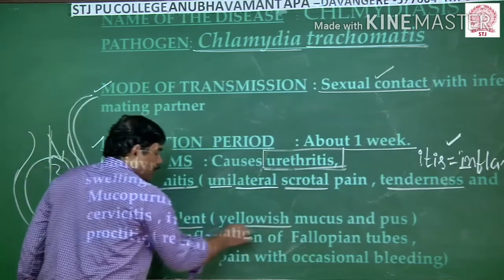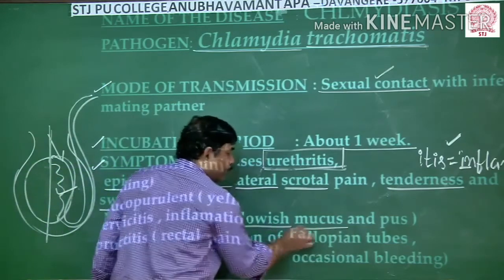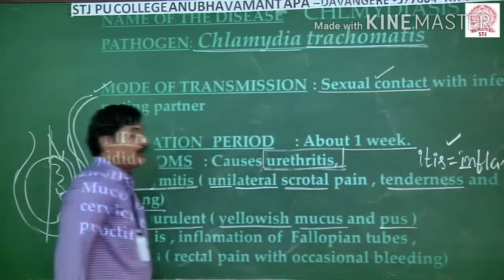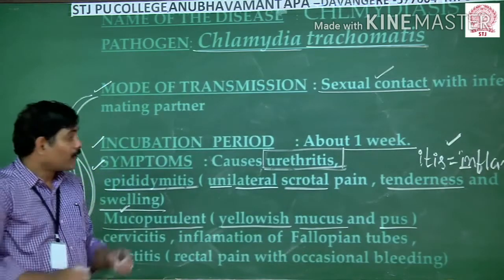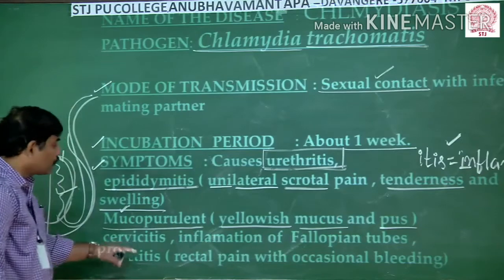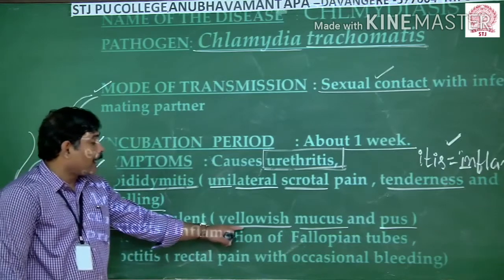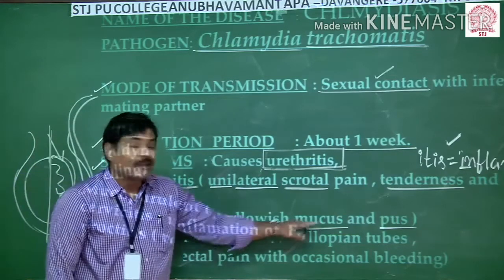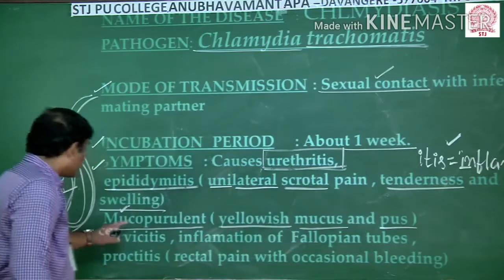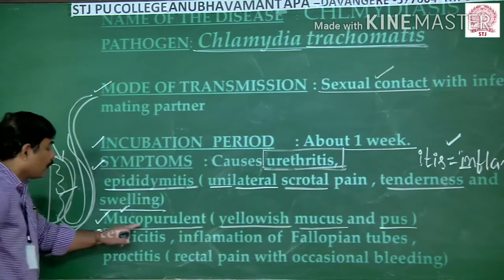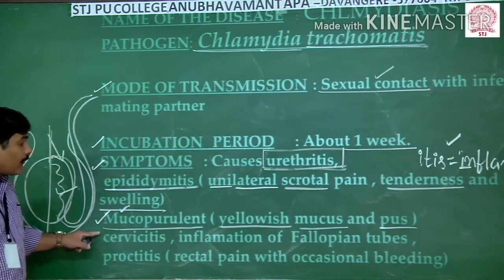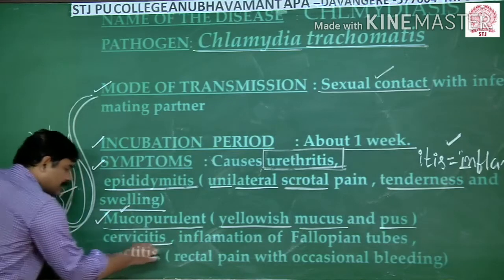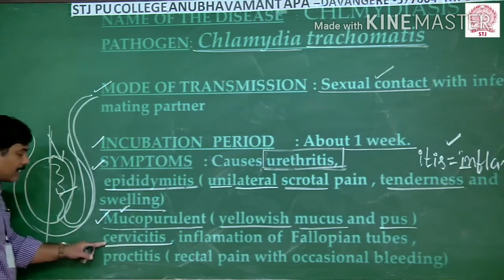The yellow colored mucus and pus will be released from the infected parts. From the infected parts you can find discharge of yellowish mucus with the pus, and that condition is known as mucopurulent condition.